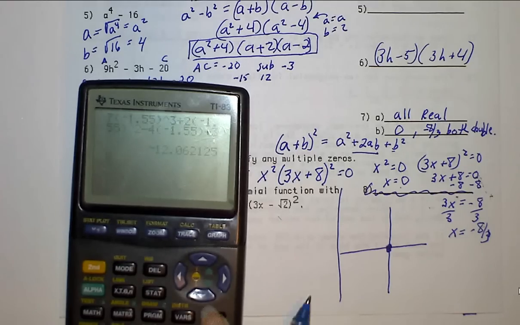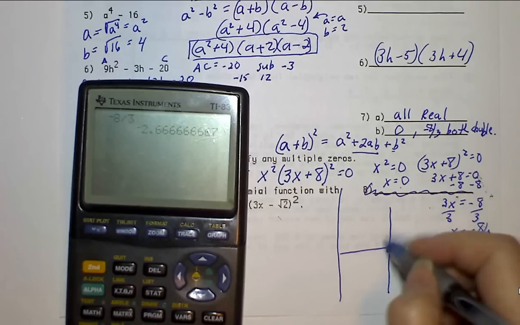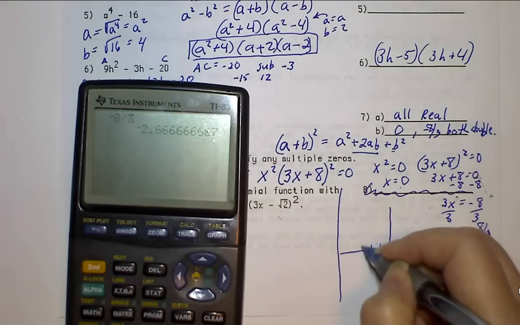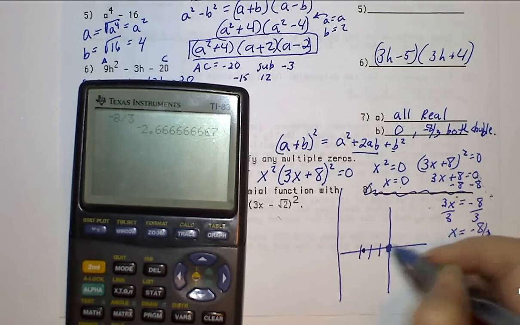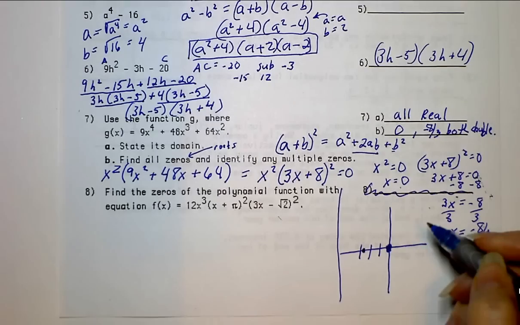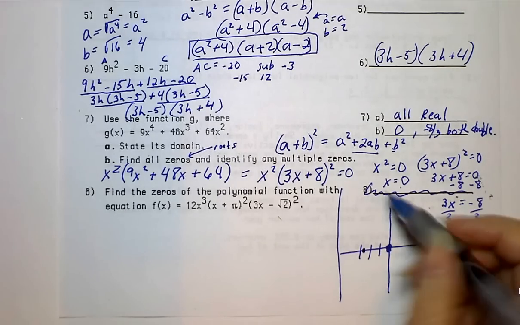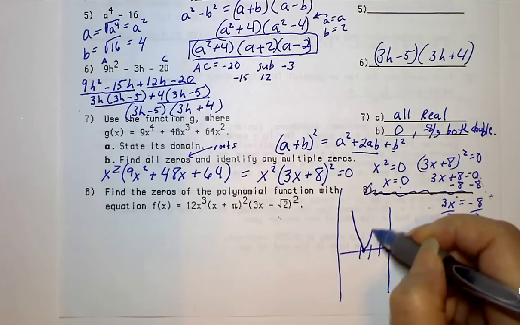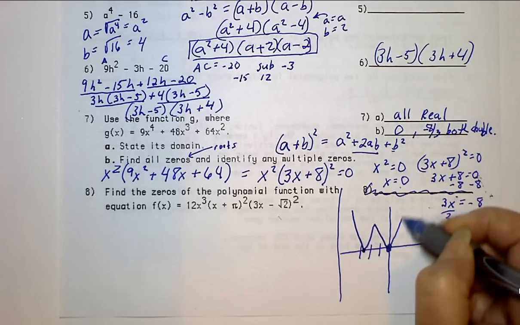Negative 8/3 is about negative 2.6. So here's 1, 2, 3, so about right there. And what happens at each one of these? They bounce. So that means, and it opens up, so it's going to start here, come here, bounce, and that's what it's going to look like.